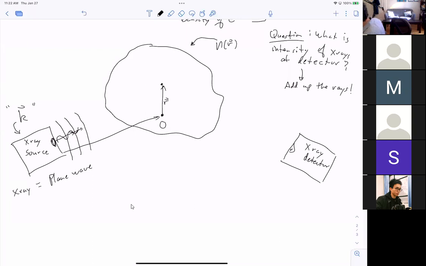So that's the X-rays that hit 0, and then those X-rays are going to scatter into my detector along that path.